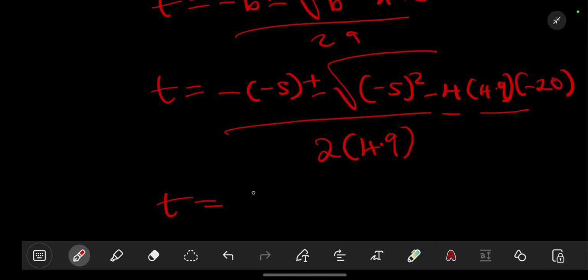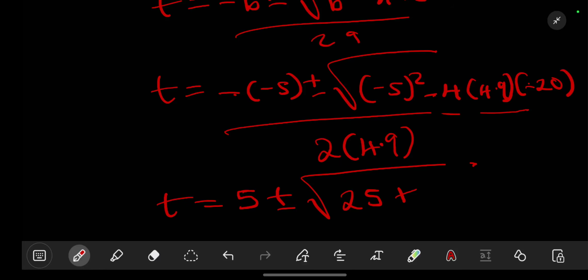So our t is equal to, negative by negative is positive, so it will be positive 5 plus or minus the root of negative 5 squared, which is 25. Then we have plus, since these are multiplying, 4 times 4.9, which gives 19.6, times 20.